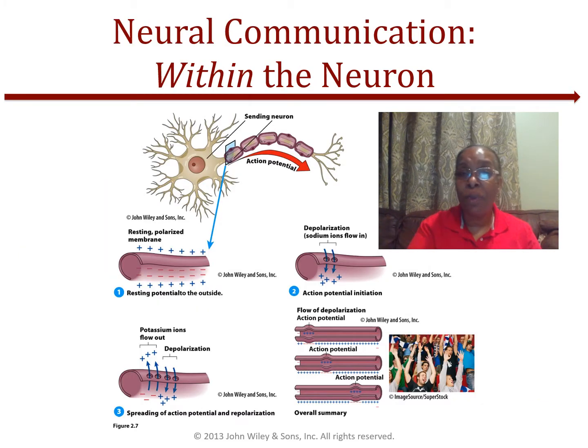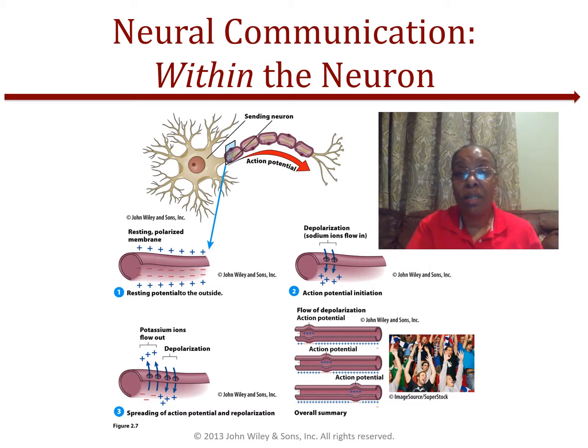Now, the process of neural communication. It begins with the neuron itself, when the dendrites and cell body receive information that travels down the entire length of the axon by way of a brief traveling electrical charge, which again is called the action potential. It can be described in three steps, which you can see here in the slide.